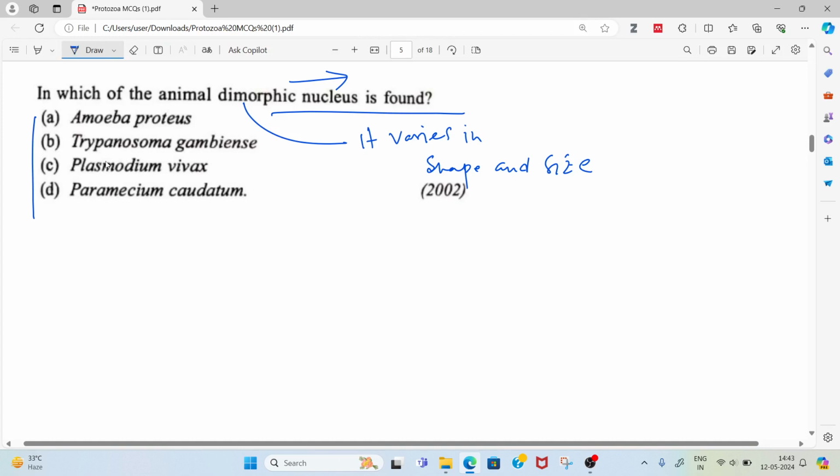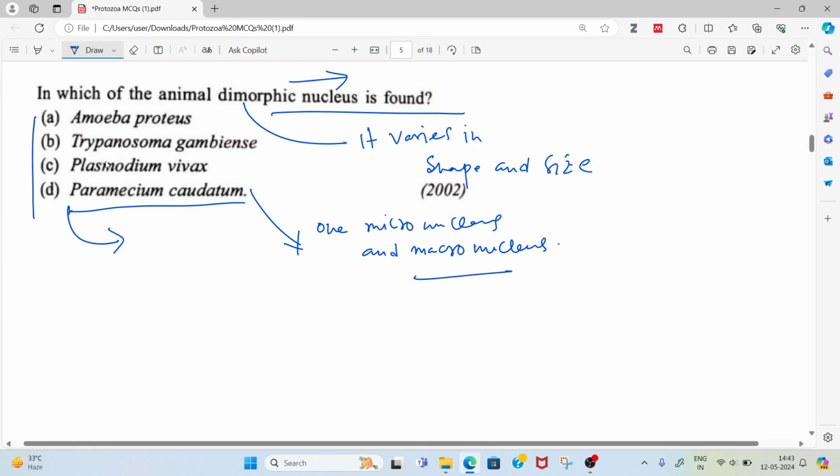So we know that the correct answer will be Paramecium caudatum. Paramecium caudatum has one micronucleus and one macronucleus. So the correct answer is option D.